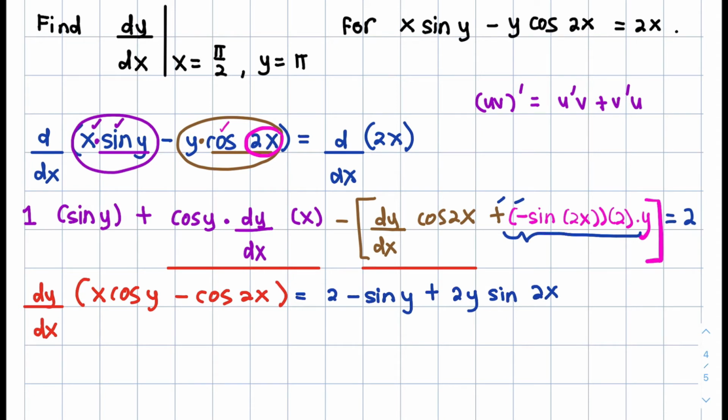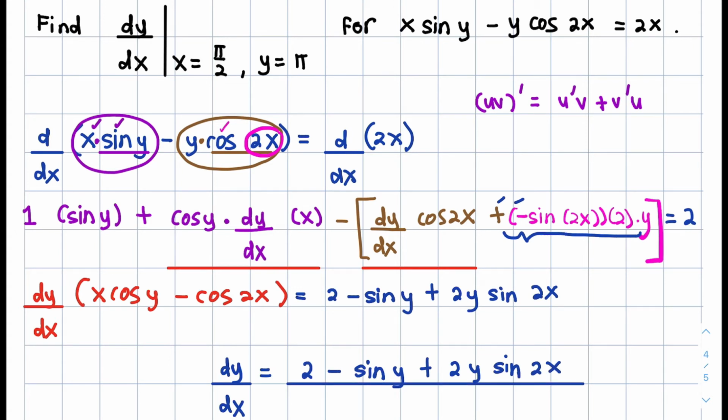So that settles simplifying. Have you made your dy dx the subject? You can make dy dx equal to, now it's just algebra, 2 minus sine y plus 2y sine 2x over x cos y minus cos 2x.